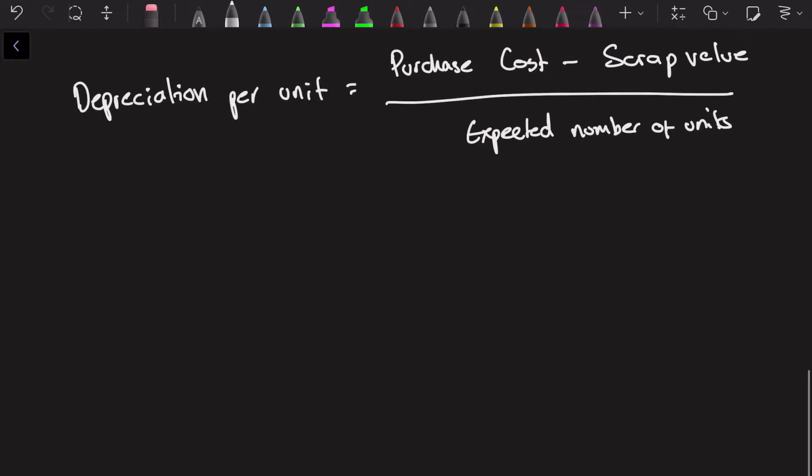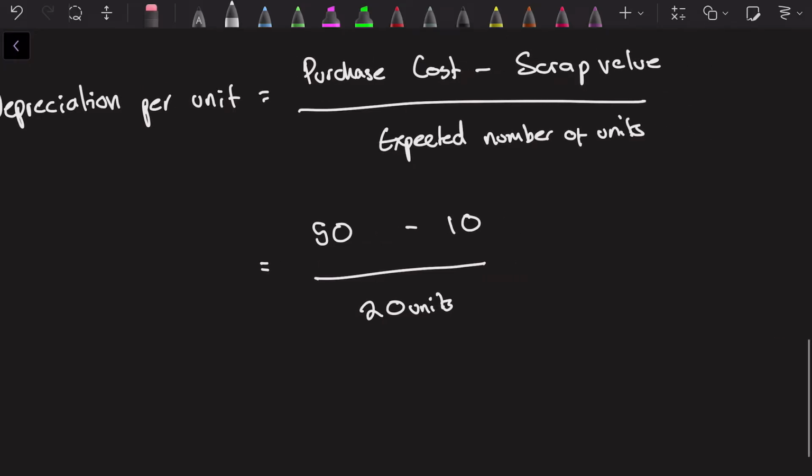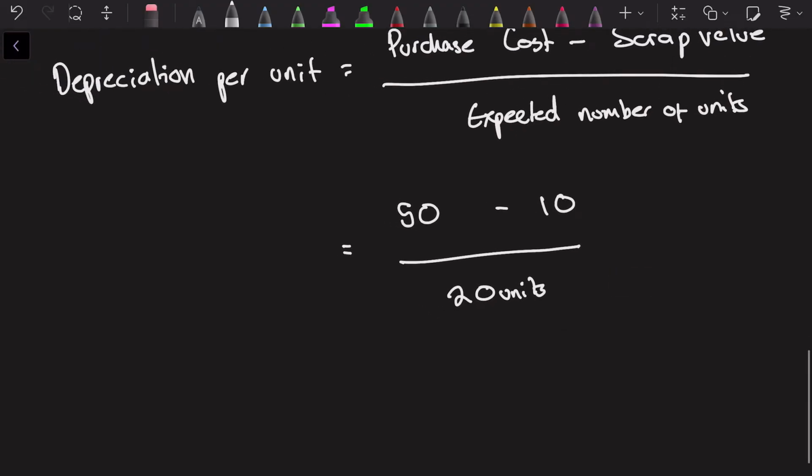Okay, so we can do an example here. Our purchase cost is $50, we get $10 of scrap off it, and I'm expecting 20 units. This is a machine that makes toys, so 20 toys. Units is toys in this context.